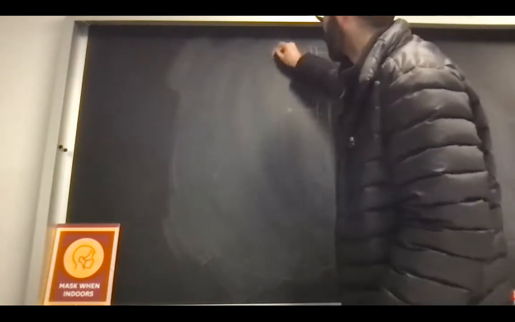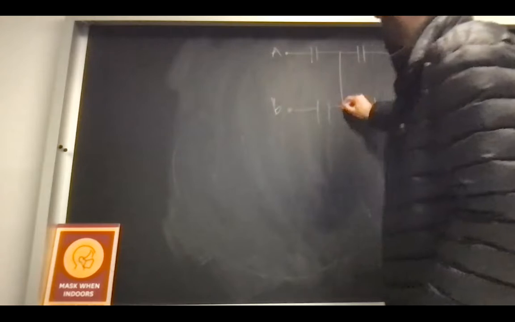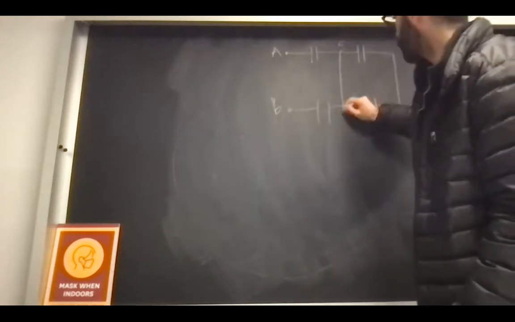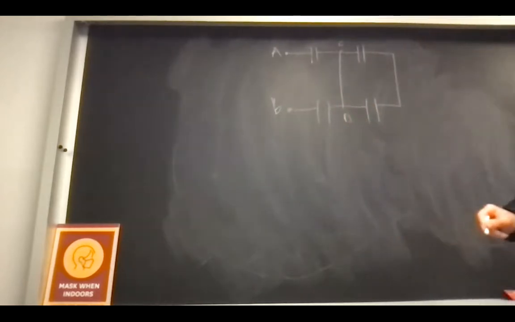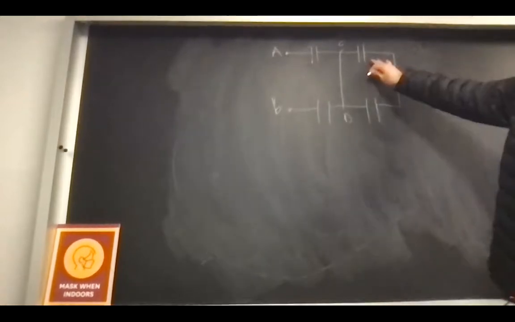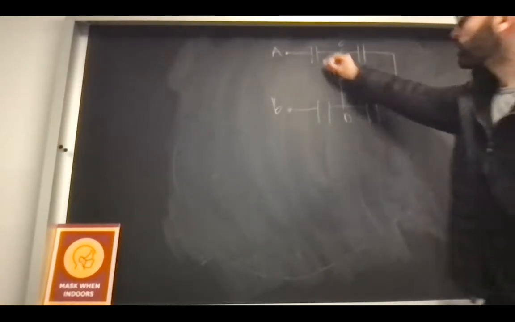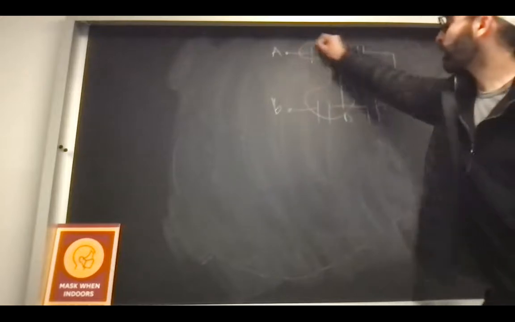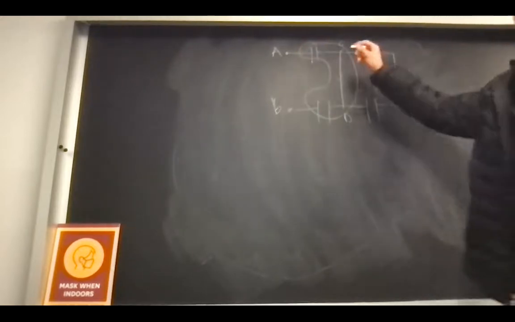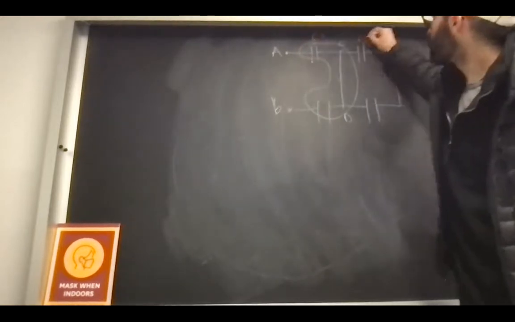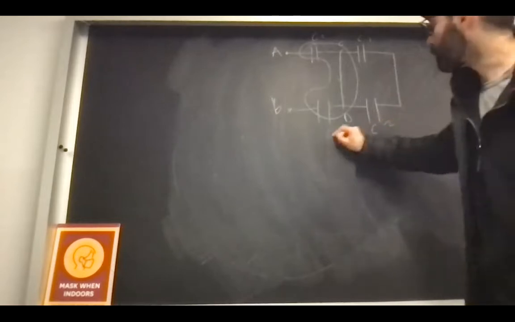Point A, point B, switch is closed, point C, point D. Okay. So here, we know that the current's never going to reach this side. It's going to go through the path of least resistance, down that way. So what's acting right now are these guys in series, again, this is C2, C1, and it's C2, C1.